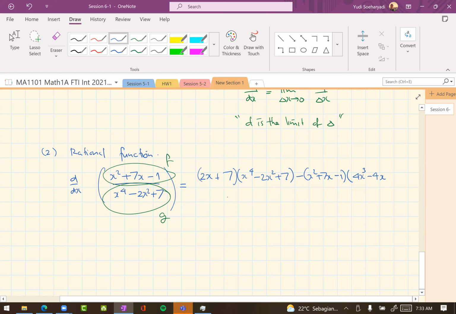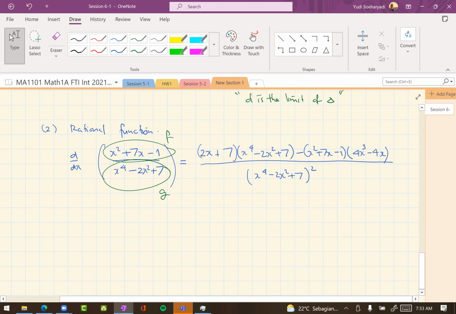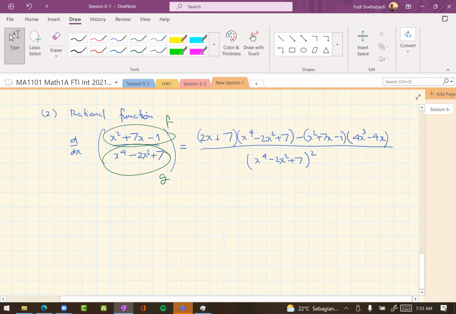That's it. And divide by g squared. If the problem doesn't ask you to simplify, then that's it. You're done with this. No need to simplify.